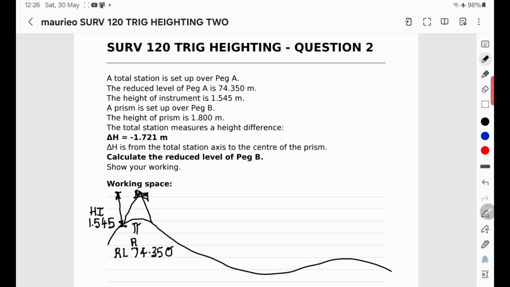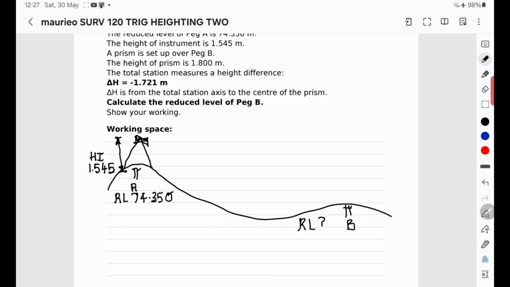Then over here at B, where the RL is unknown, RL there at B, we have got a prism being held here by our survey assistant, very nice and steady, vertical over the mark.